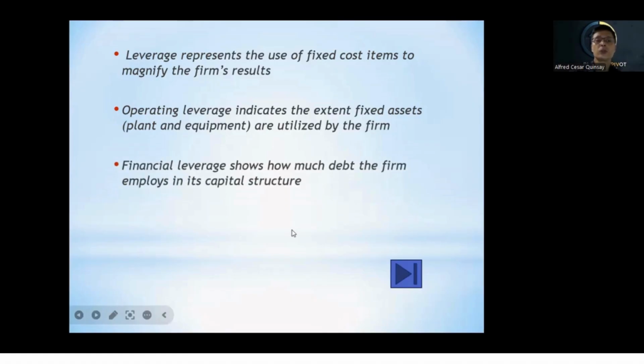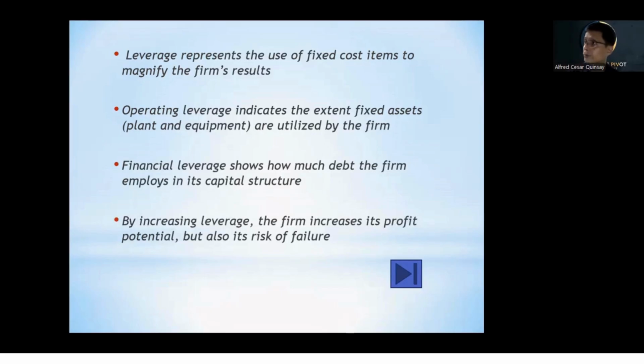So let's proceed with another. Financial leverage shows how much debt the firm employs in its capital structure. So remember about the debt. Debt or liabilities are not entirely bad.